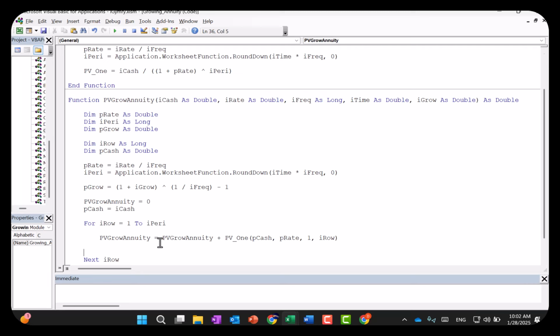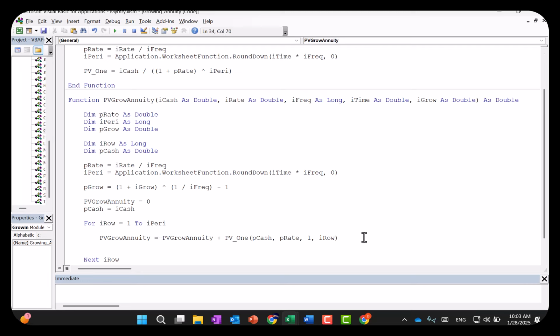Grab that, calculate that thing from that function, add them up. So take the value of the right hand side, go to the memory, find where PV grow annuity lives. It has a place called value of that. Put the value in there. That's what that means. This way, I don't have to store anything.